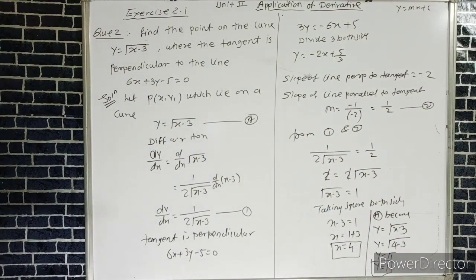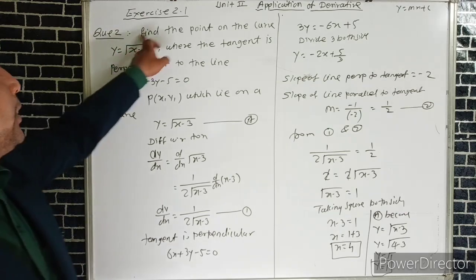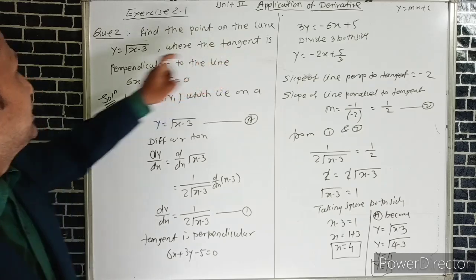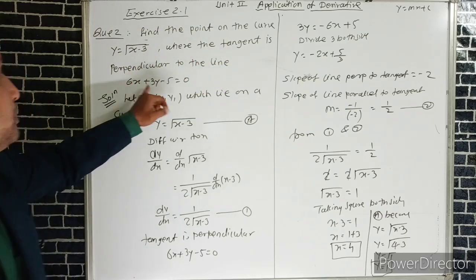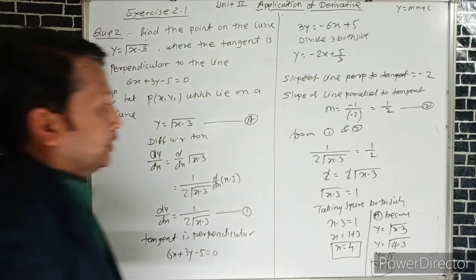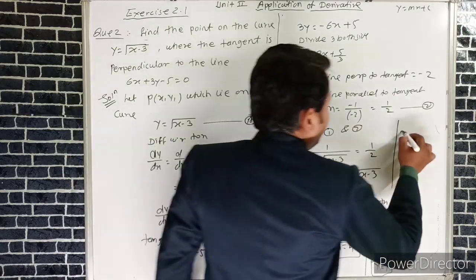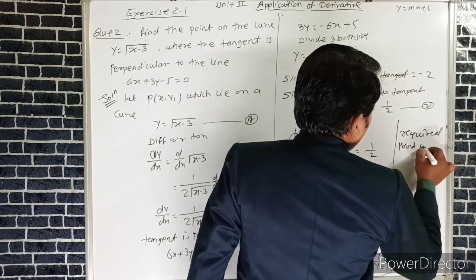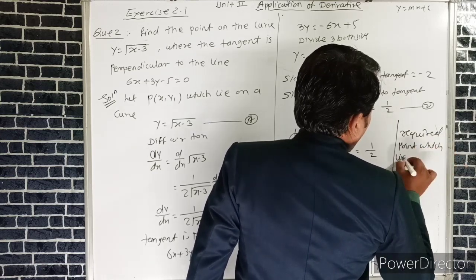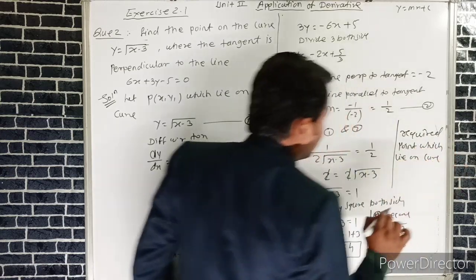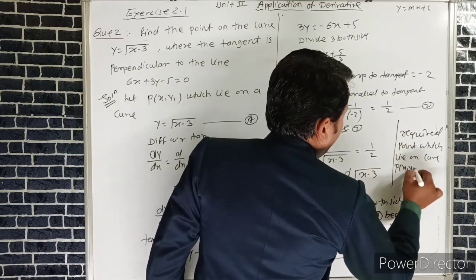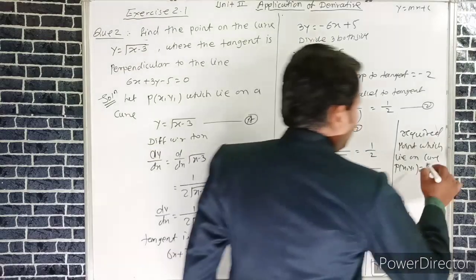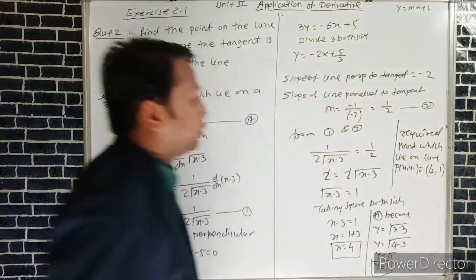So we have to find the point which lies on the curve y equals under root of x minus 3, where the tangent is perpendicular to the line 6x plus 3y minus 5 equals 0. Then we can say that the required point which lies on the curve, P(x1, y1), is represented by x coordinate 4 and y coordinate 1.